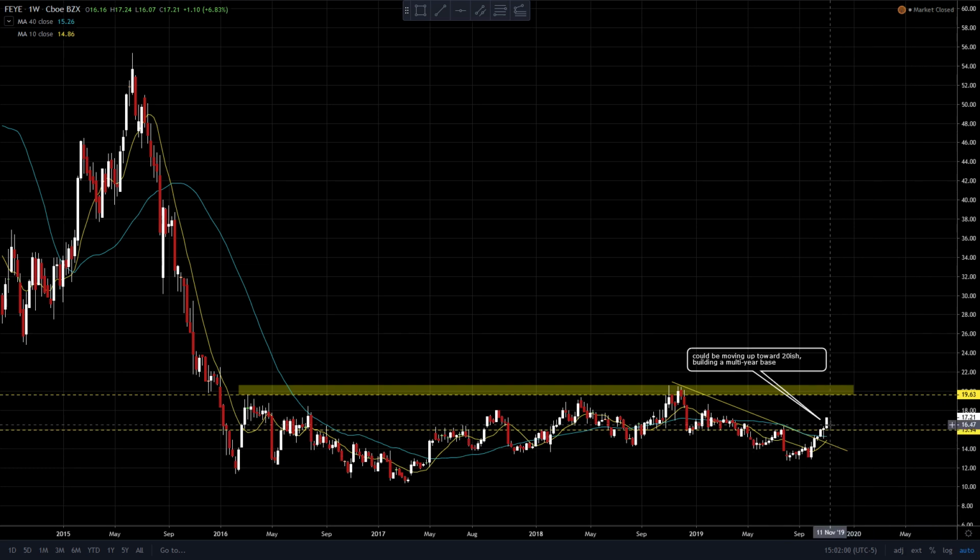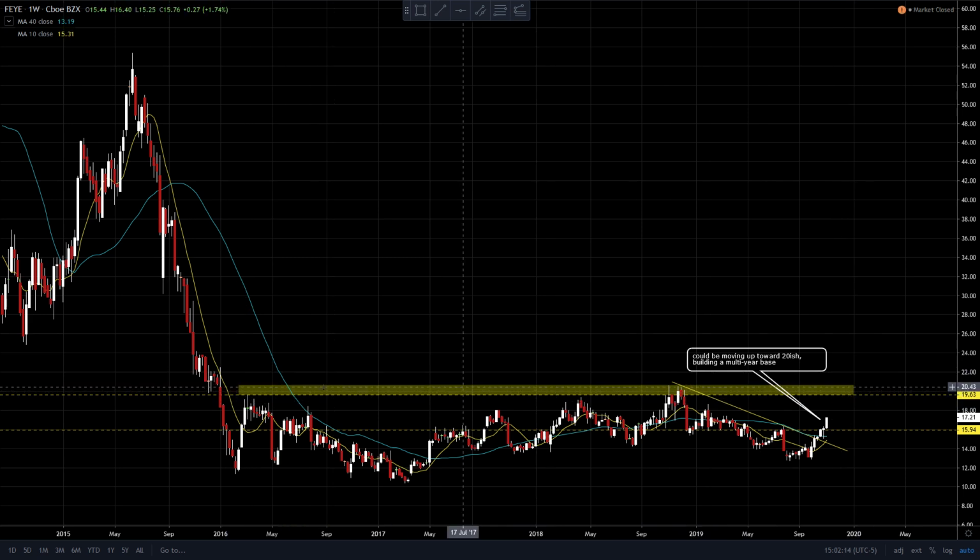All right, so I'm watching for a possible pullback here to retest this breakout level of 15.94 and see if it can work itself up to this 19.62 zone here.